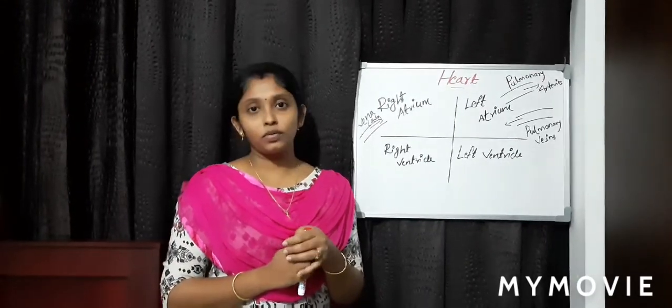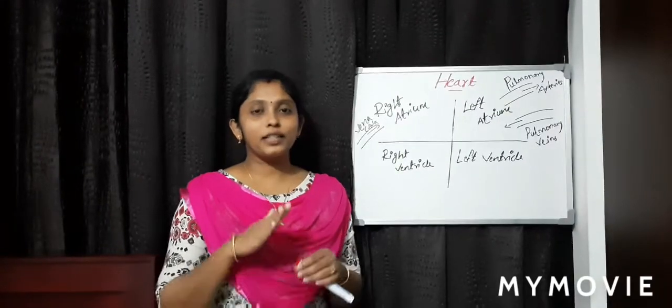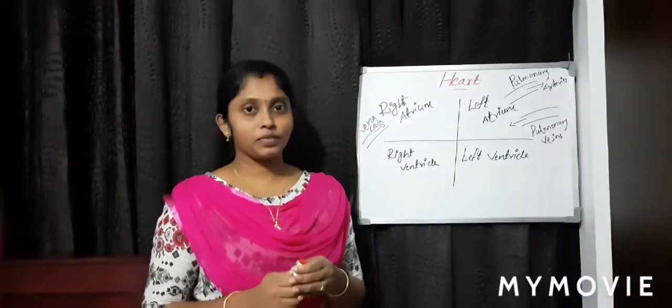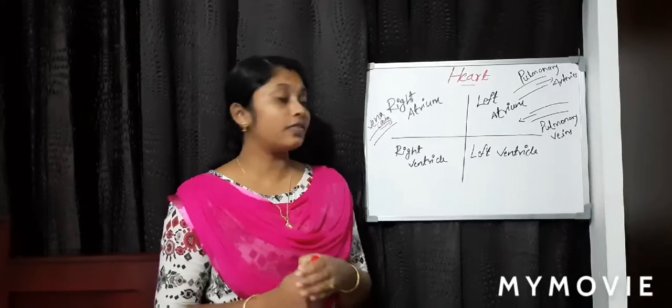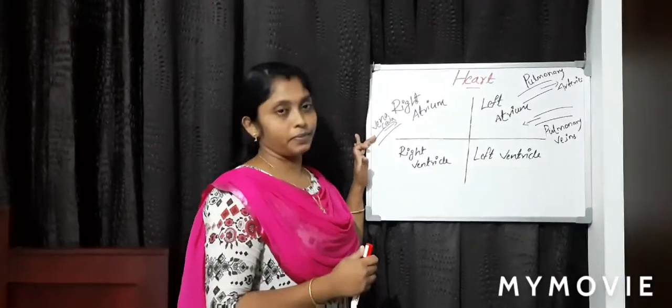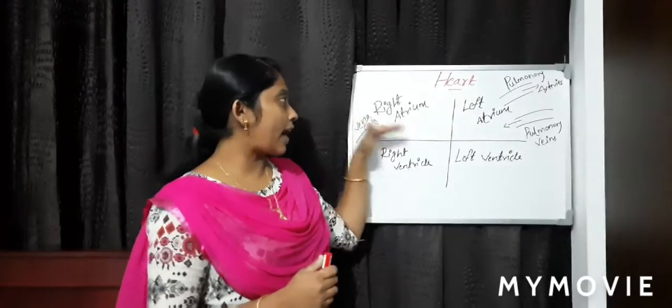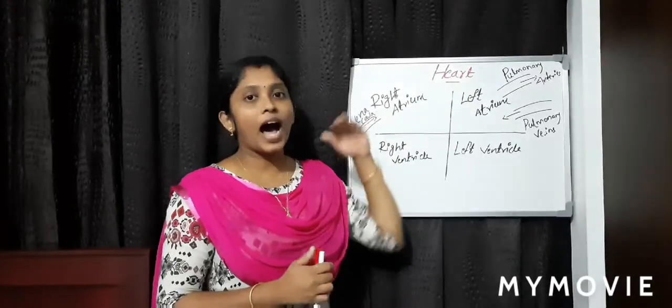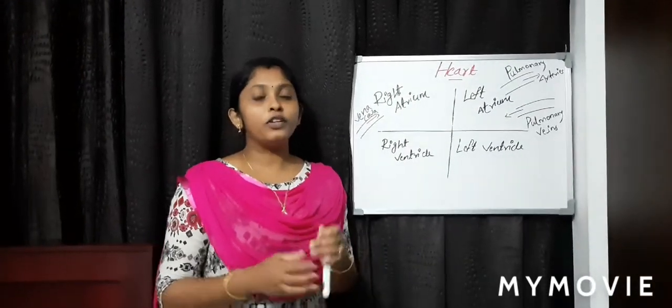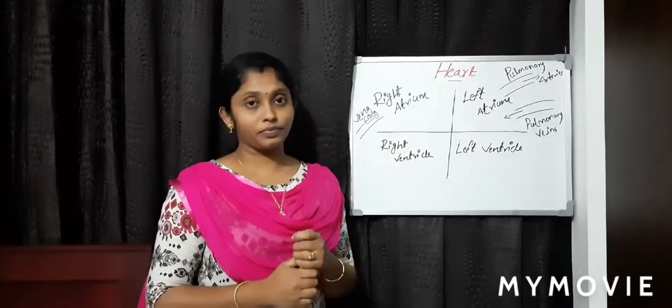Shall we go? We can discuss the process step by step. First we start with the right atrium. We already said that both the right and left atrium have the role of receiving blood.